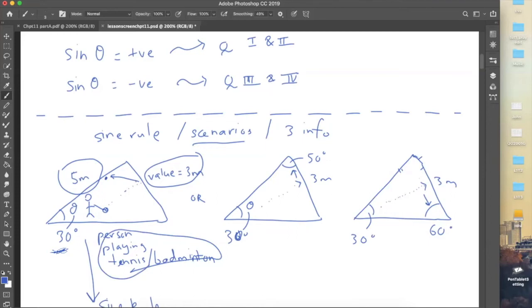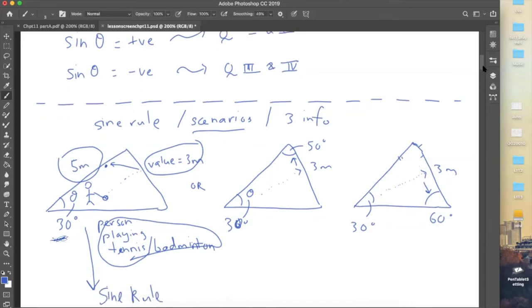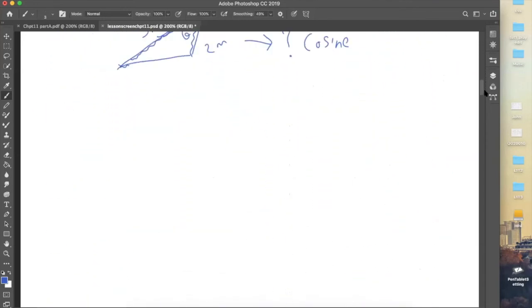He smacked the ball up, then there's one info here. Or he smacked the ball up and it got stuck here. The angle is given. Or he smacked the ball but the ball rolled down. The angle is here, the info is given. Okay, let's try different scenarios to identify whether we use the sine rule or the cosine rule. All right? This one is for Eden.